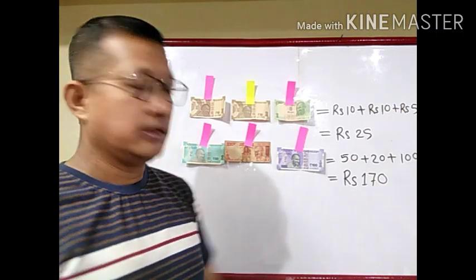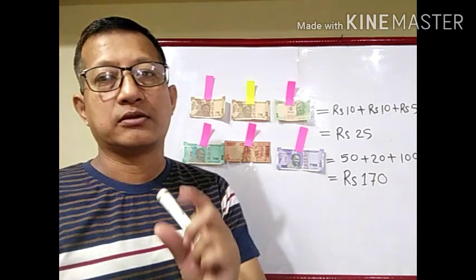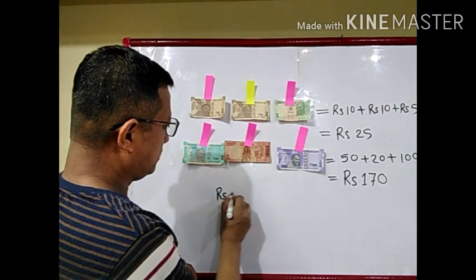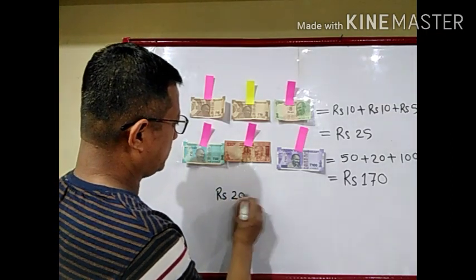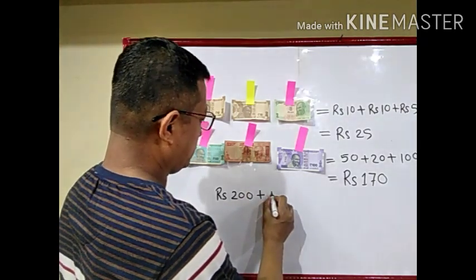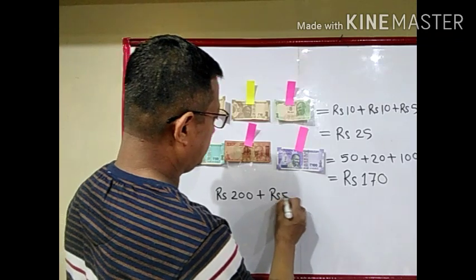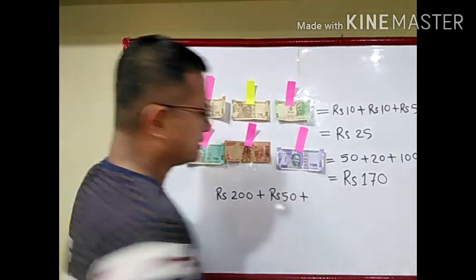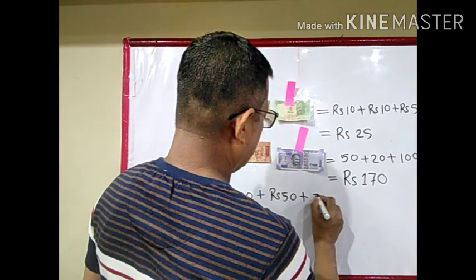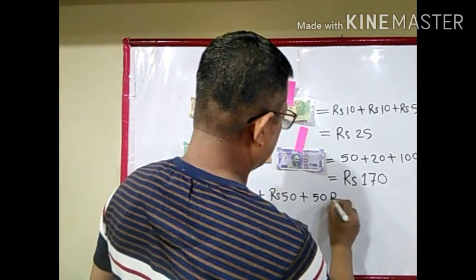But when it is coin, that means you have rupees, see, 200 rupees plus rupees 50 plus 150 pies.